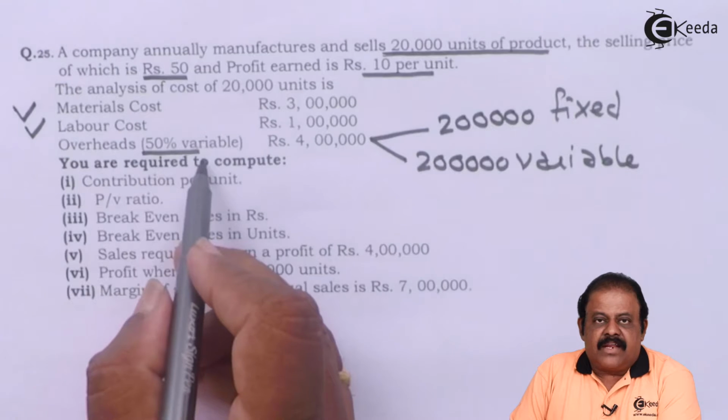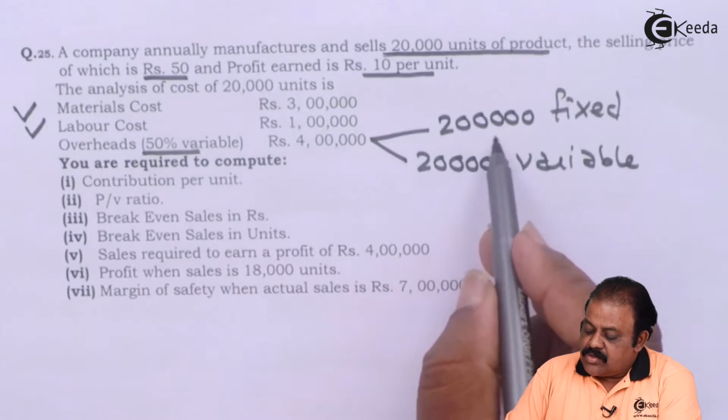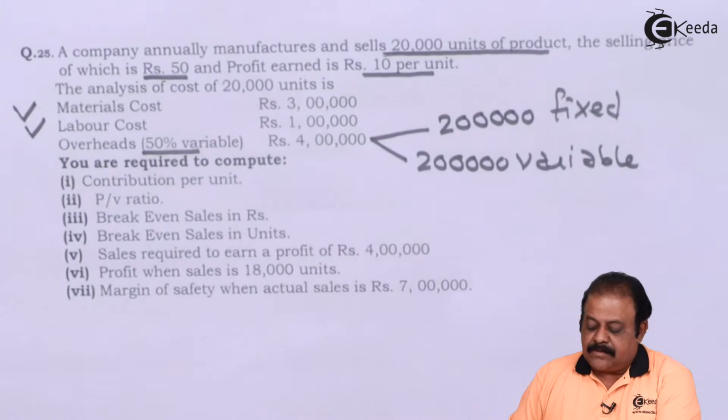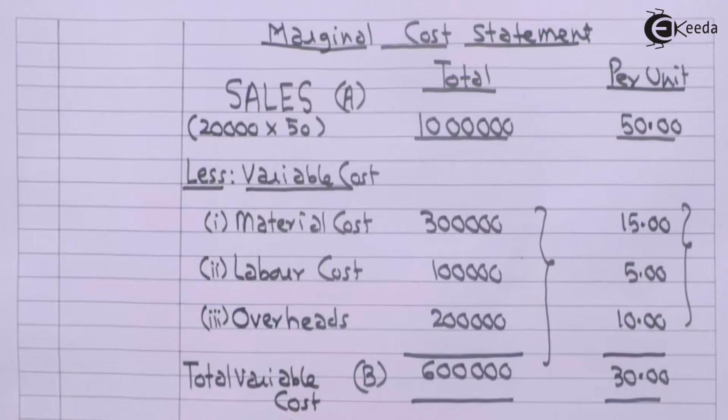Overheads are 50% variable and 50% fixed cost. So our fixed cost is 2 lakhs. From contribution, we deduct this fixed cost of 2 lakhs. Thereby finally we get profit of 2 lakhs.